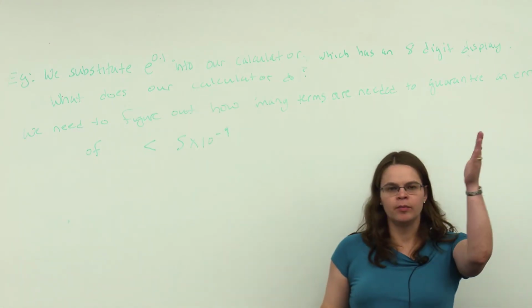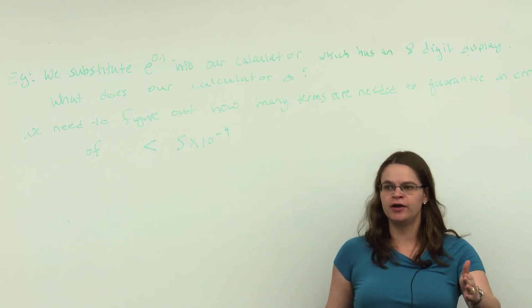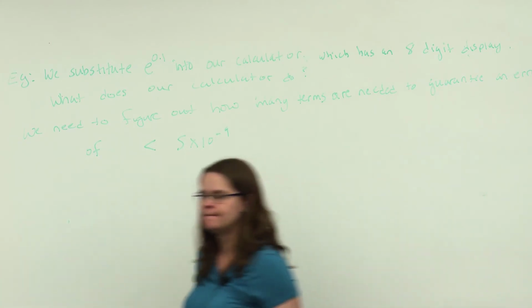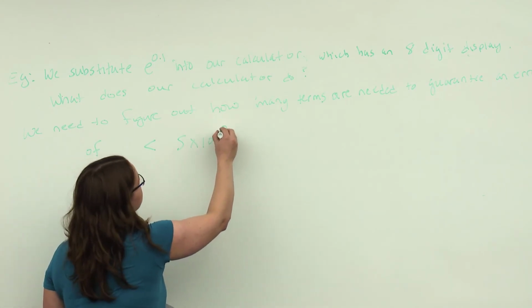Okay, so I want the 8th decimal place correct. So the error should live in the 9th decimal place, which is not going to be displayed. And it should be less than 5 because I don't want things to round up and accidentally pollute my 8th decimal place. This is a 9.